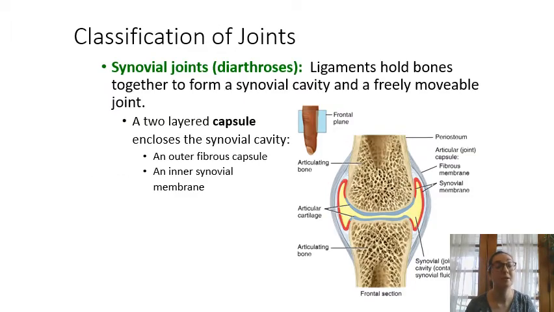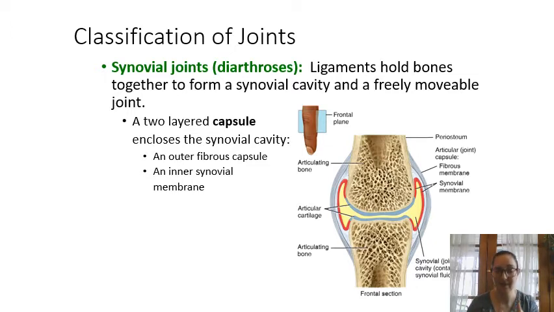Okay, moving on to our last structural category of joints, and those are the synovial joints. Synovial joints are realistically what you think of when you think of a joint. This is where two bones are coming together and they're moving. All the joints that are allowing my fingers to move around, all the joints in my wrist, these are synovial joints, right? A synovial joint is one where we have ligaments holding bones together, and those ligaments form an entire cavity around the place where those two bones meet.